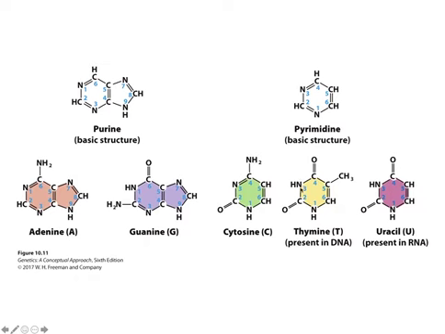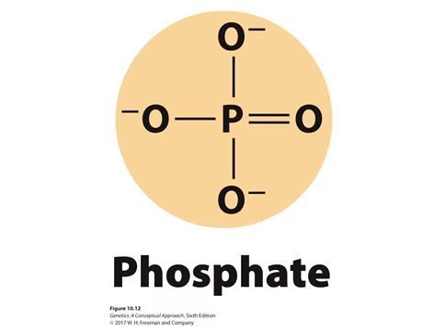This results in hydrogen bonding across the double helix, where the hydrogen atoms that are present on purines or pyrimidines can also form associations with oxygen atoms or with other nitrogen atoms on the neighboring base on the opposite strand. Okay, so when we get to the structure of DNA, you'll see what that's about.